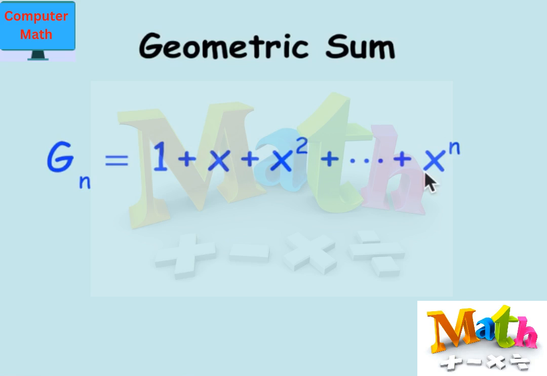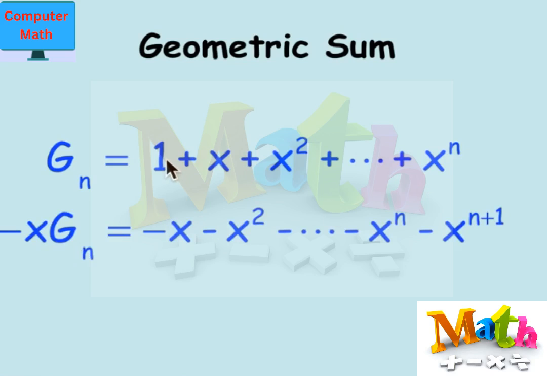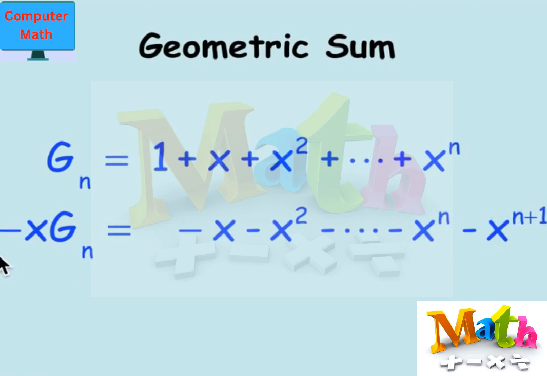And there's a simple trick. With the arithmetic sum, the way Gauss got it, and the way we got it, was by reversing the sum and adding the things together. This time, the trick is to multiply Gn by x. What that's going to do is increase the power of x in each term by 1, which is tantamount to a right shift. Let's look at that.